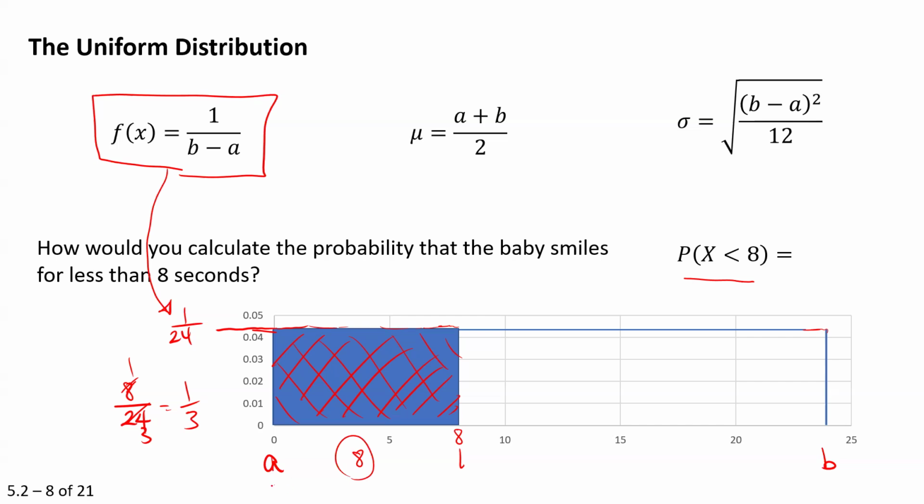Let's label this as B, and I'll label that as C. Where did the 8 come from? 8 minus 0, right? So in this case, it's C minus A. And so we have a general formula here.